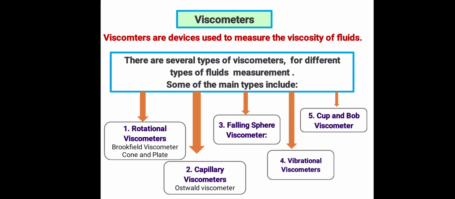Rotational viscometers include the Brookfield viscometer and cone and plate; capillary viscometers include the Ostwald viscometer. Our practical is to measure viscosity using the Ostwald viscometer. First, the Brookfield viscometer, a rotational viscometer, measures viscosity by rotating a spindle in the fluid and detecting the resistance to motion.